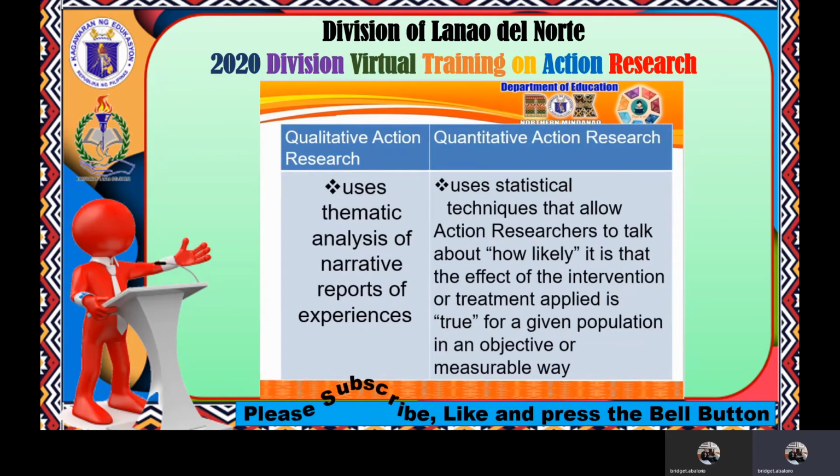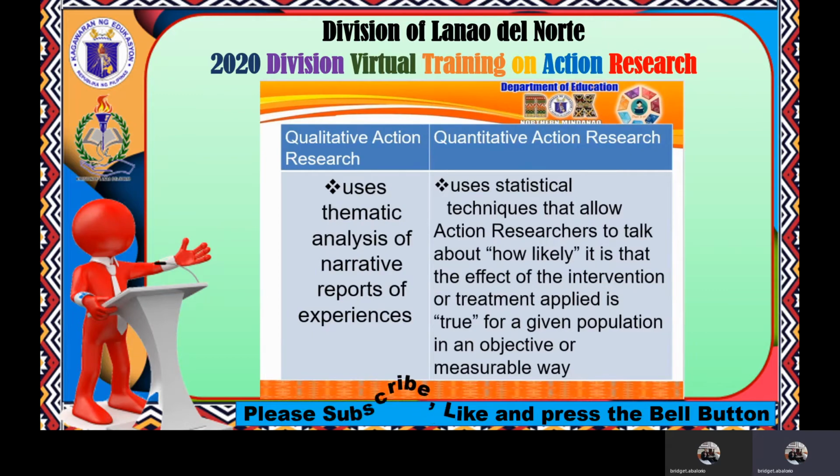Another difference between the two research designs is that qualitative action research uses thematic analysis of narrative reports of experience, while quantitative action research uses statistical techniques that allow action researchers to talk about how likely it is that the effect of the intervention or treatment applied is true for a given population in an objective or measurable way.